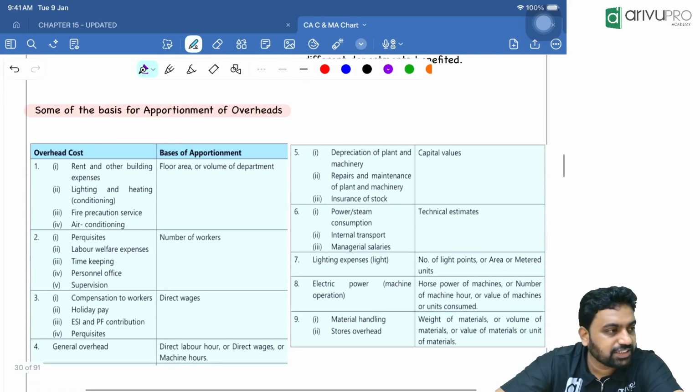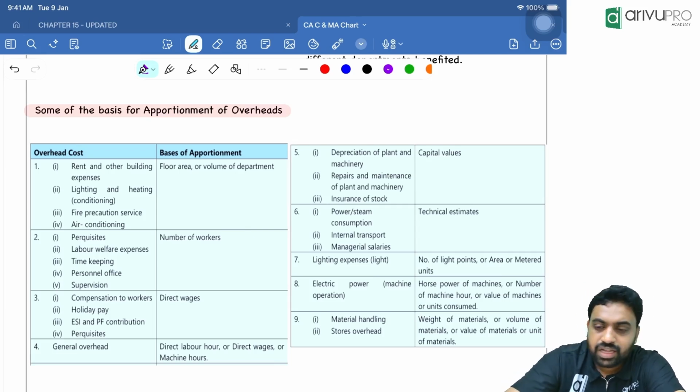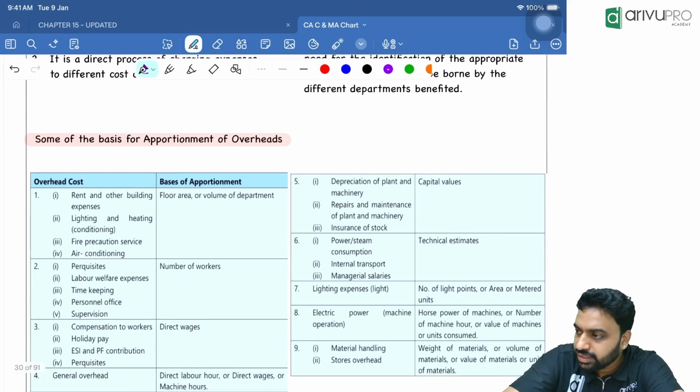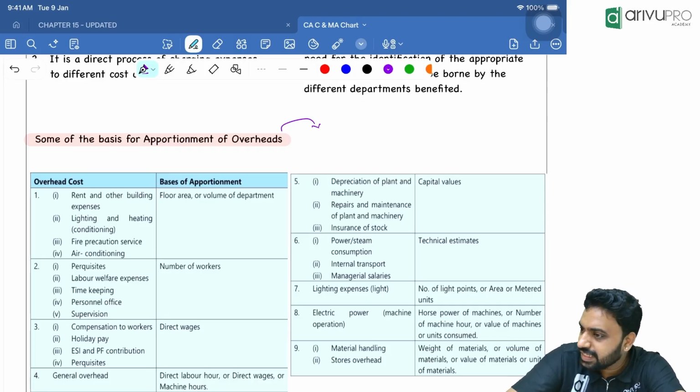And different expenses, how can you charge? There is a list, okay? I mean, this is not a complete list. Of course, some items might come here and there, that when you see the question, you will understand on what basis you should divide, okay? But however, in the question, if at all nothing is there on what basis we will divide it, generally, guys, you should check whether that particular department is machine intensive or labor intensive.